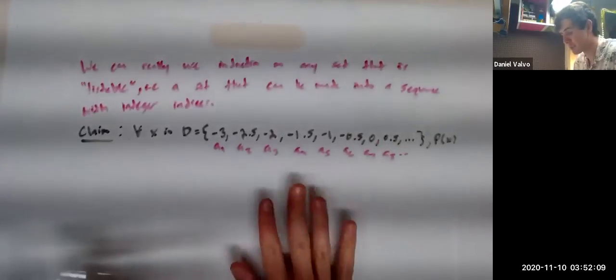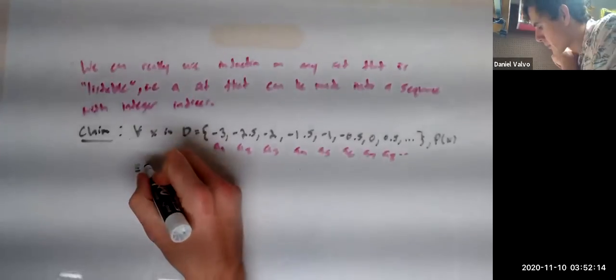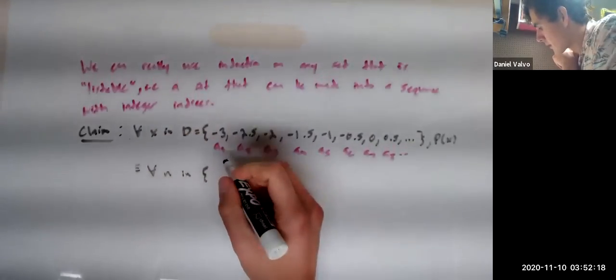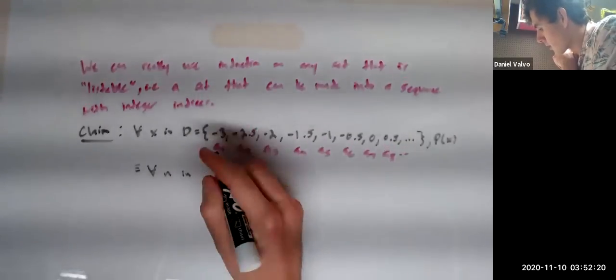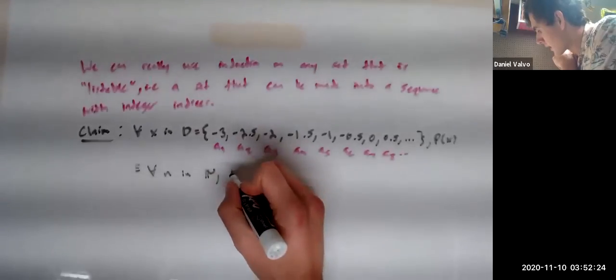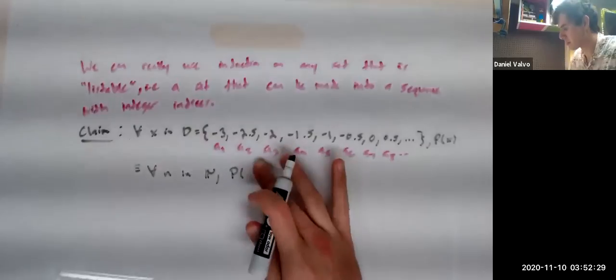And so the point is, proving this claim would be equivalent to proving for all n in the natural numbers, P of an is true.